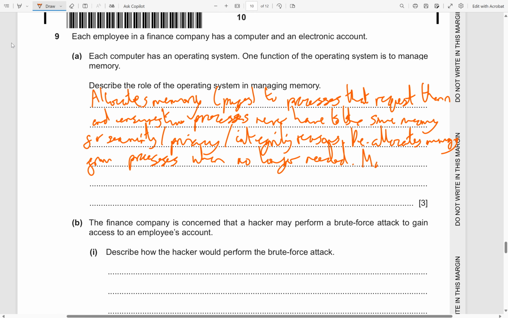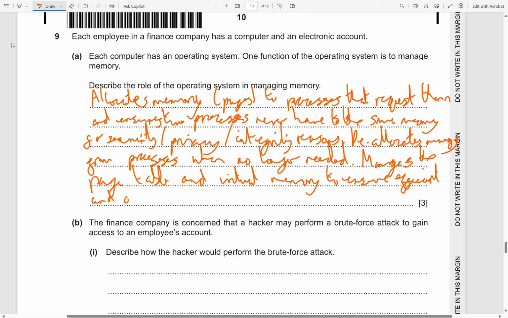Let's say it manages the page table and virtual memory to ensure efficient, or maybe organised, access.